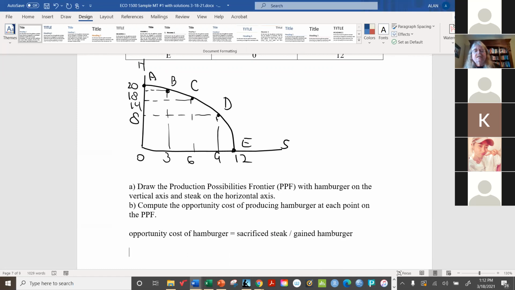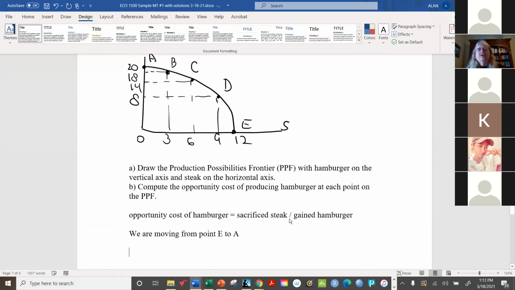So that implies we are moving from point E to A. How do you know that? Because if you're moving up the curve, you're making less and less steak and more hamburger. That's an important detail. In order to calculate the opportunity cost of hamburger, we must be moving in a direction where we're making more and more hamburger. Otherwise, it doesn't make any sense.